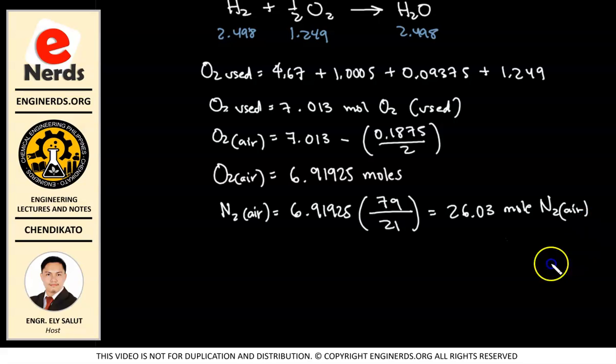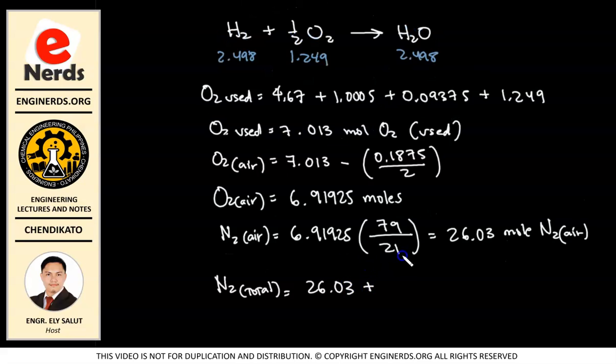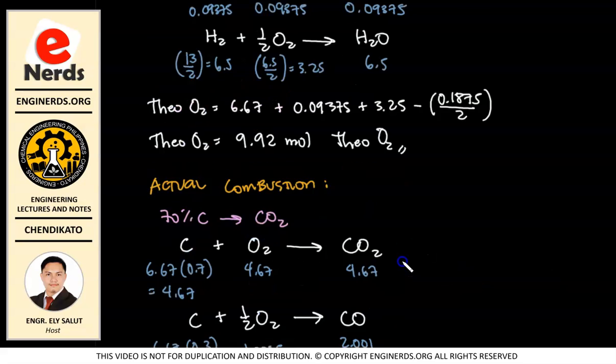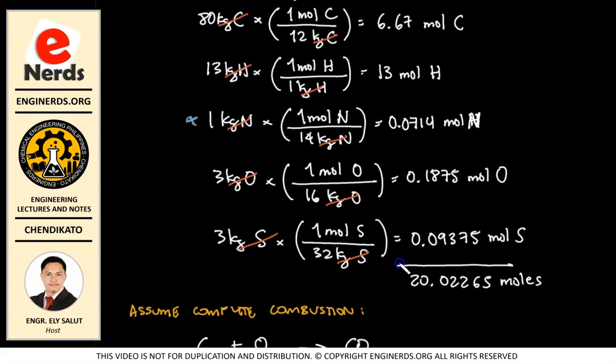We should not forget that there is also nitrogen present in our fuel, so we need to get the N2 total. To get the N2 total, we have 26.03 from the air plus the nitrogen in our fuel, which is 0.0714. But this is a single atom, so we need to divide this by 2.